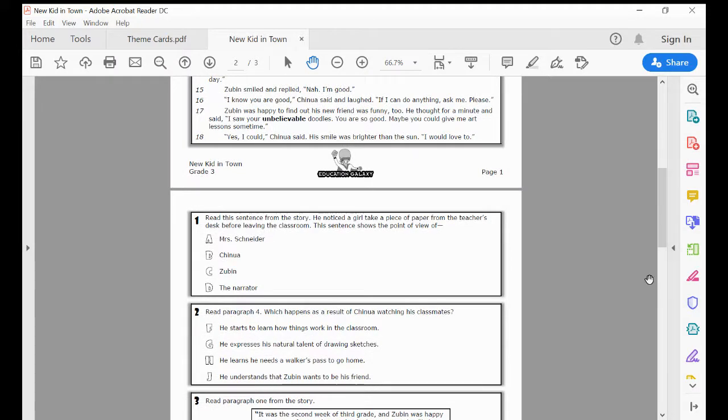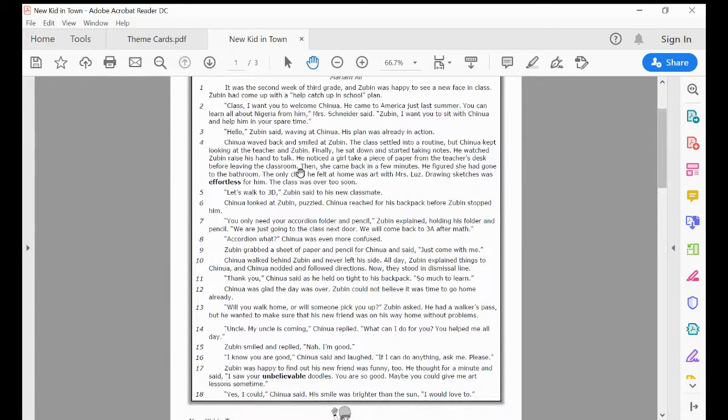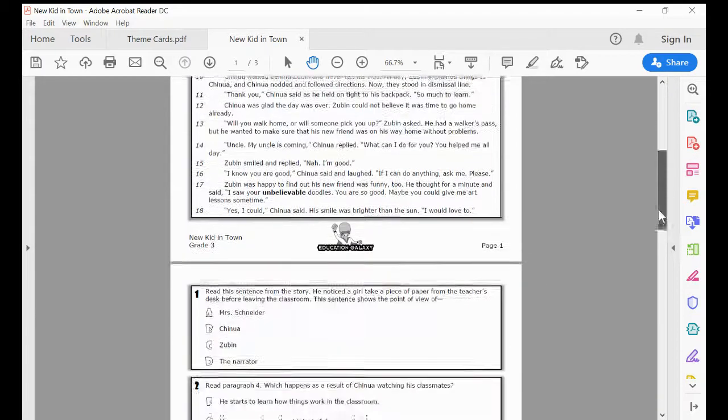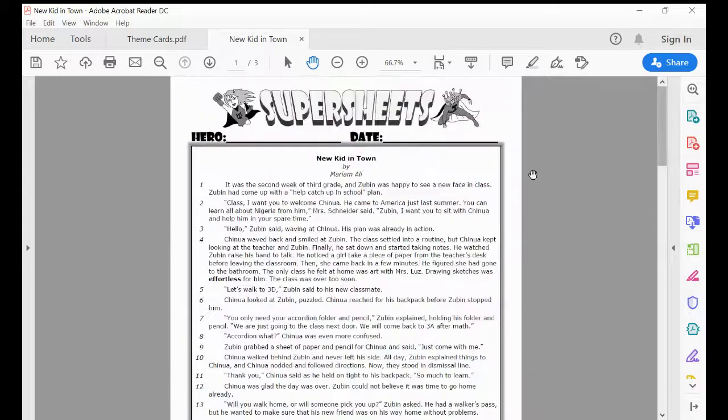Paragraph 4, what happens as a result of Chinua watching his classmates. So again, going back here, if you're watching someone to see what needs to be done, maybe to see how you should act in the classroom. All right, go ahead and finish the questions on your own.